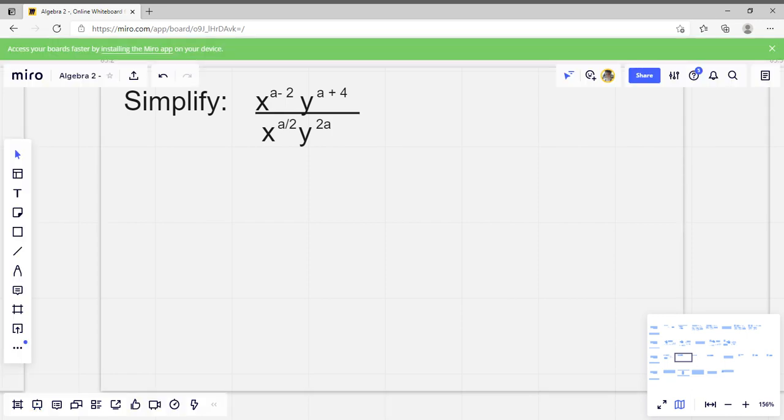Okay, on this one we have to simplify first and then divide. So first right here, actually we're just going to divide, so that means we're going to be subtracting. So if we move this up, it'll be minus a over 2. So what we have for our x part is a minus 2, minus a over 2.